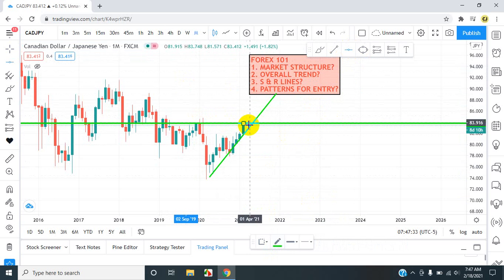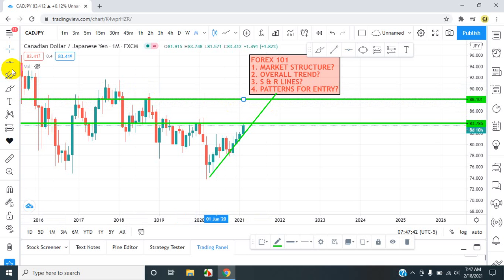If price action breaks and goes further up, the next level will be somewhere here. If the market doesn't break up and comes back down, it will land somewhere probably here or here.